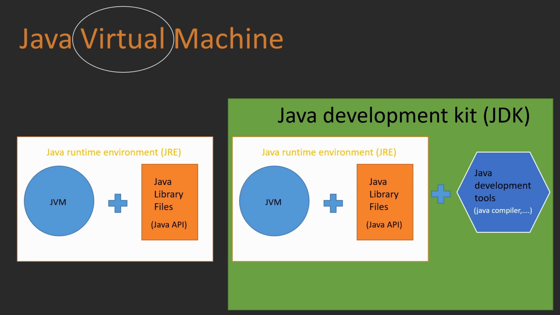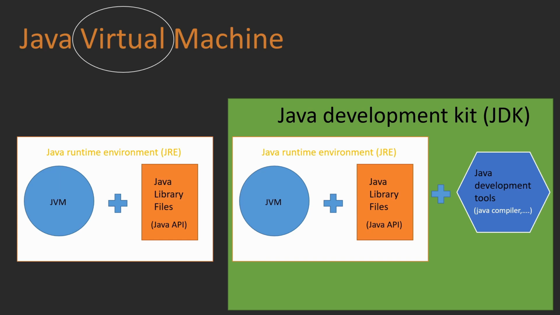But if you are the developer who will first write the Java source code file, then compile it, then run it in order to test it, you will need, in addition to the Java Runtime Environment, some tools such as the compiler and other tools, where the combination of those is called the Java Development Kit or JDK. So we as developers will need the JDK in order to write and compile Java apps and make them available to be run.